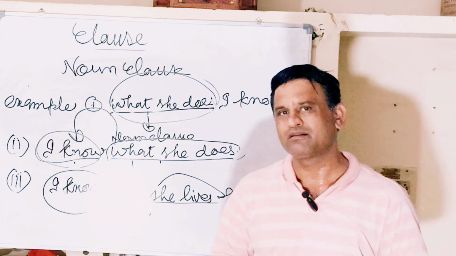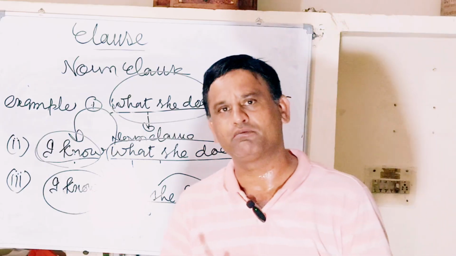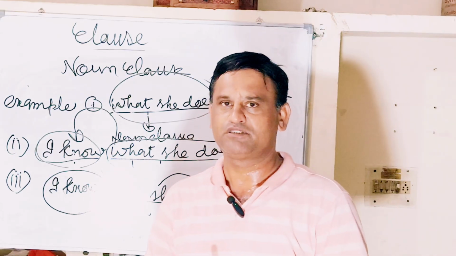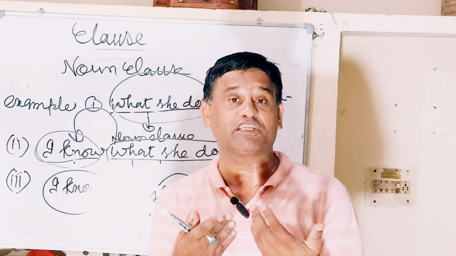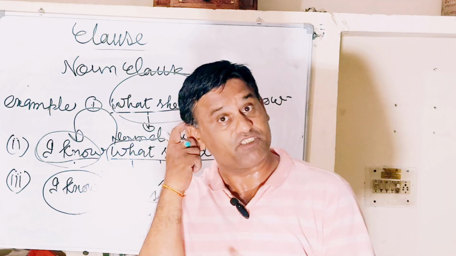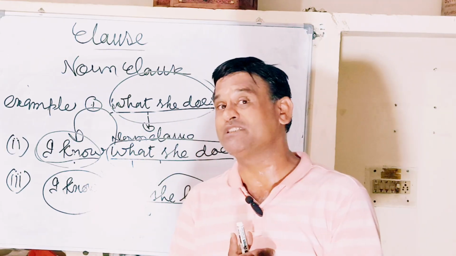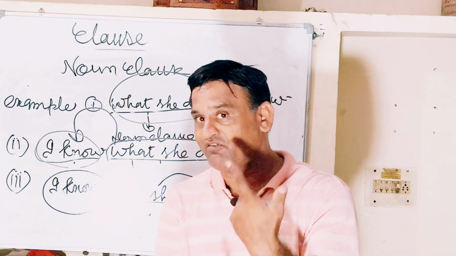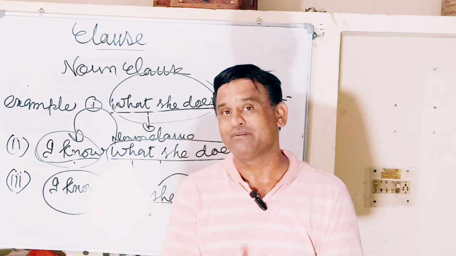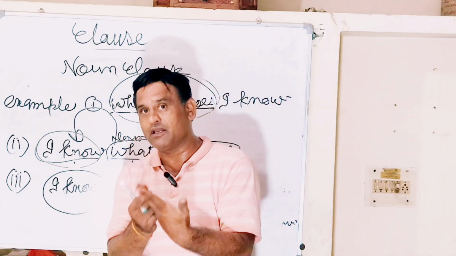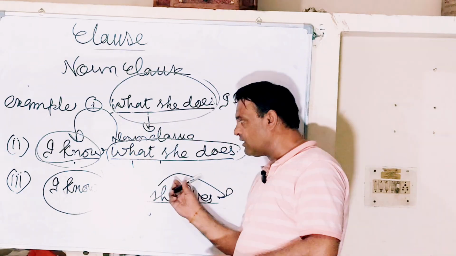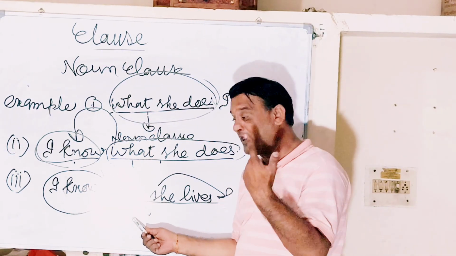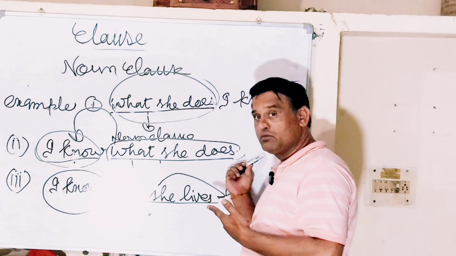Now, suppose she lives in Indore, she lives in Dewas, she lives in Bhopal. The answer we expect is a noun. Dewas is a noun, Bhopal is a noun, Indore is a noun, Calcutta is a noun, Delhi is a noun. So here we expect a noun.